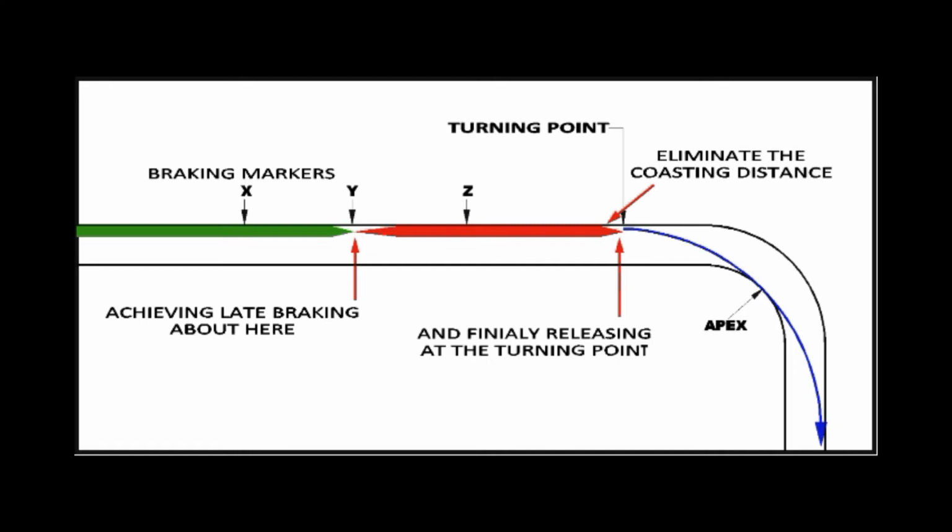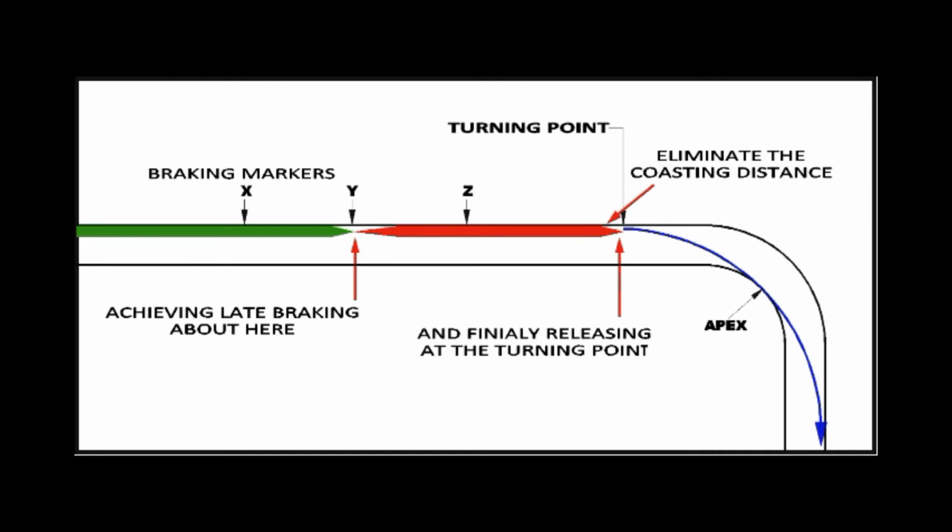In the long run, just reducing brake pressure to slow down less will evolve into a longer braking distance and also evolve into you starting your braking sooner and sooner, which has an overall effect of reducing the amount of time on throttle. The second option of reducing the time and distance on the brakes has better results. The object is to keep your level of braking the same and just brake for a shorter distance, and you'll scrub off less speed with a higher entry speed as a result.